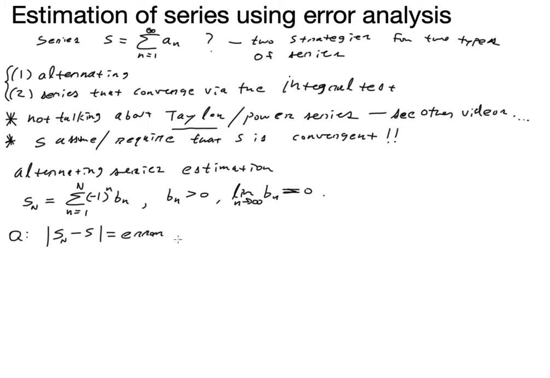All right, and it turns out it has an answer. So the theorem, and it's a very simple theorem, states that |Sn minus S| is less than or equal to B capital N plus 1. And that is a very easy test to remember.